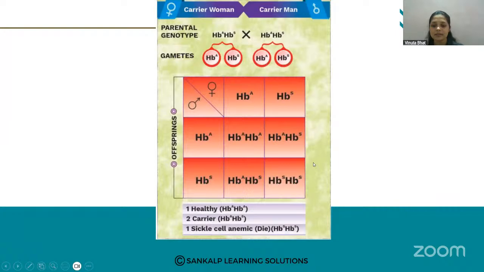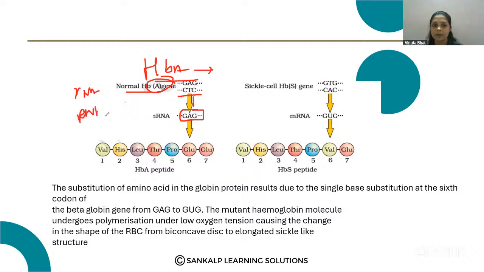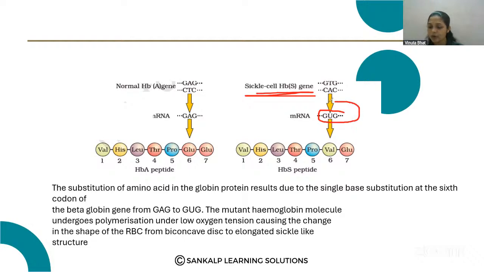how this disease is caused. Here, the normal HbA gene codes CTC on the DNA, which is converted into mRNA as GAG. GAG codes for glutamic acid. But in sickle cell anemia, the mRNA codes for GUG, and GUG codes for valine.